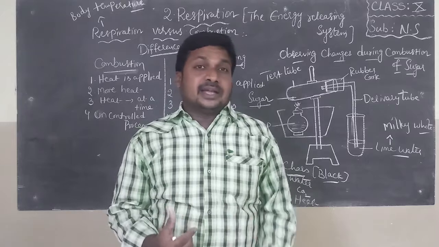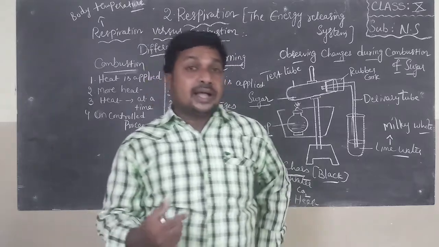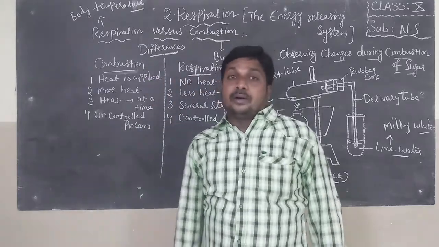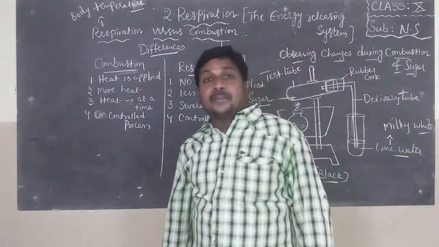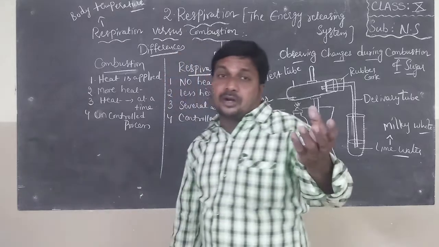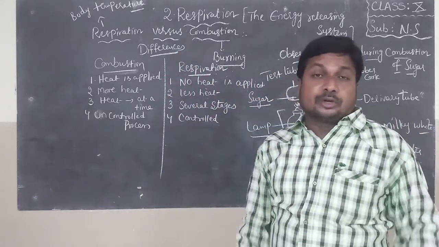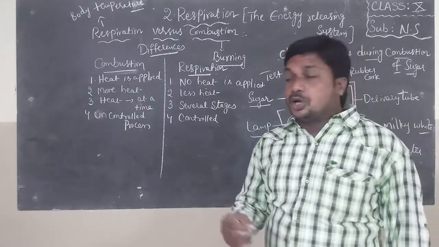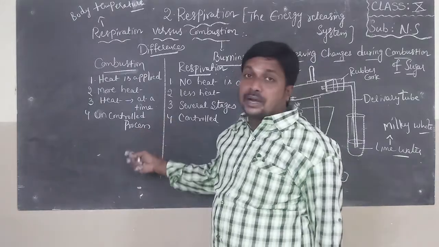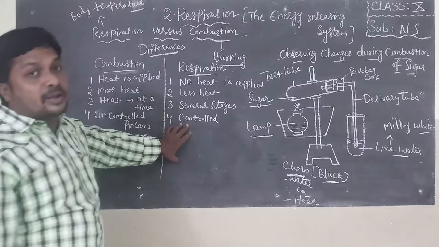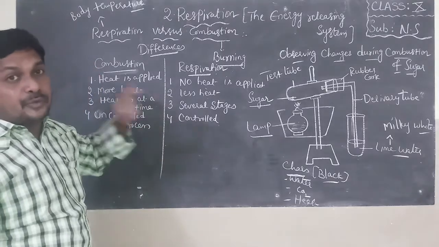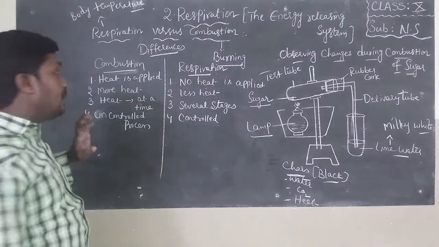We can control respiration. This controlling power of respiration helps us to do yoga or meditation. We cannot control combustion without water. So combustion is an uncontrolled process, while respiration is controlled. At the time of yoga and meditation, we control our breathing.